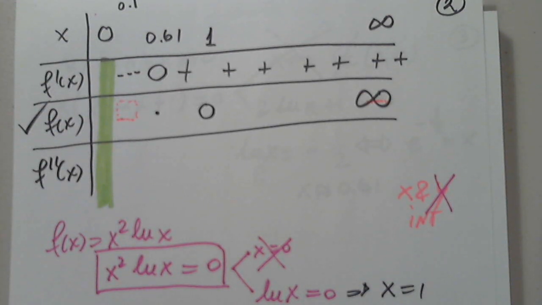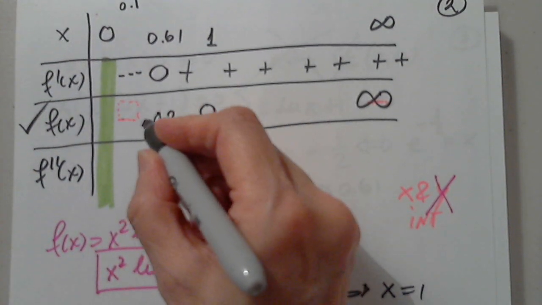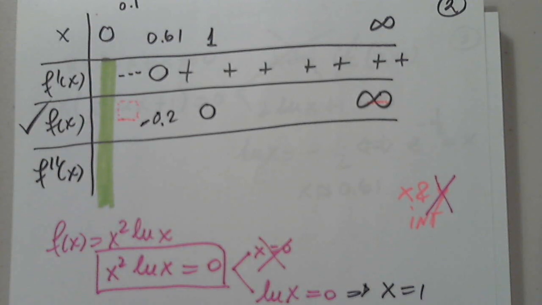0.61. I know that negative 1 is an error. You don't have to scream at me, Mr. Calculator. Okay, got it. So we have negative 0.2. Yeah, very nice to graph. We are not graphing though. Okay, perfect.